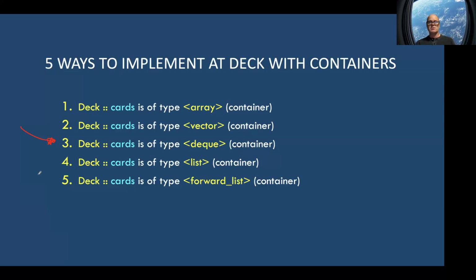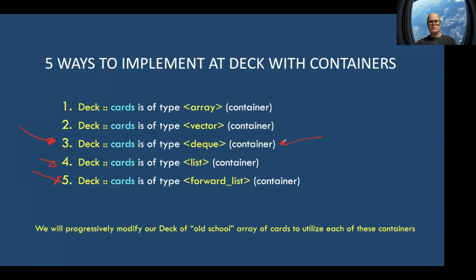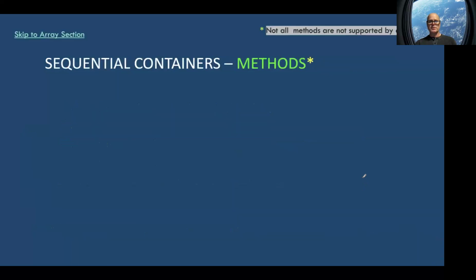Some of these things are really stripped down like a sports car, like forward list is super light and fast. List has some other advantages. Vector is the thing that most people use, but the deque, surprisingly, is probably the most useful, okay? So we're going to try to work our way through a couple of these things and see how much we can get through, okay?